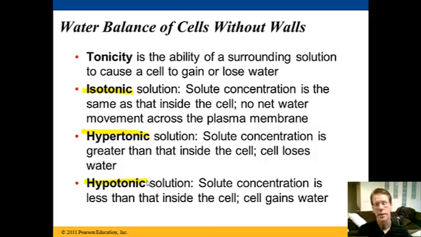Well, again, if we're talking about IV solutions, you go to a hospital, you need an IV solution because you're dehydrated or whatever. The person that is providing this IV bag needs to make sure that that IV bag is isotonic. In other words, the solute concentration inside the bag is equal to the solute concentration in your body.